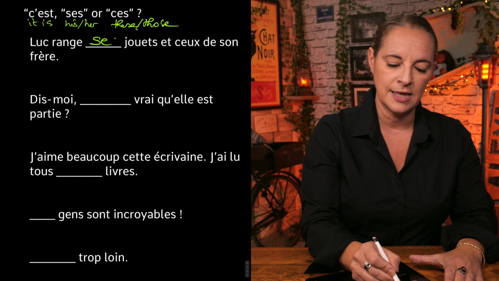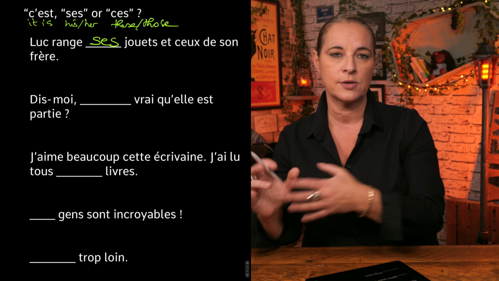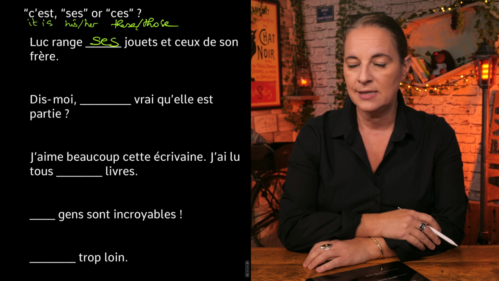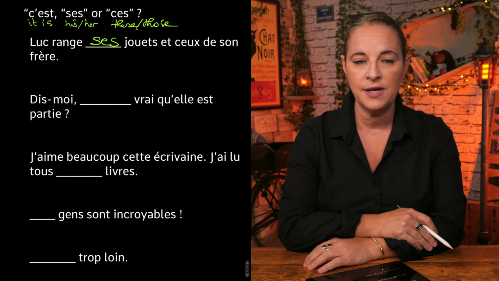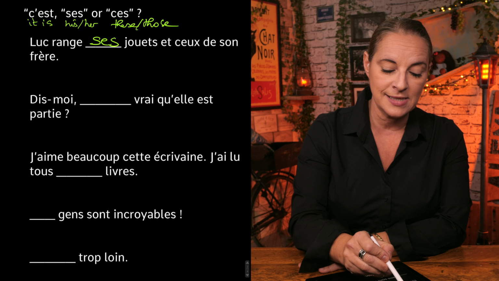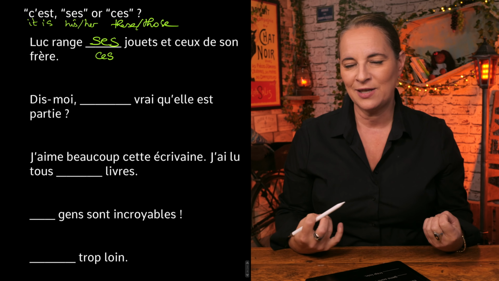So we are using it as Luc's toy, the toys that belong to Luc, so it's a possession, his or her. Or is it CES, these or those? Luc range these or those toys et ceux de son frère. Now, technically, Luc range ses jouets. It could work. Why could it work?